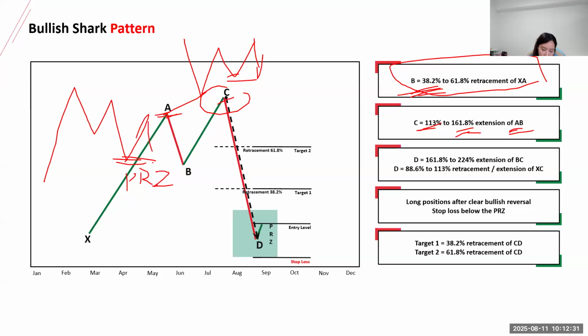But usually I don't trade with harmonic patterns because it takes time for them to form. But if you can spot one and it's good for you, then you can trade. Okay, this is for today.